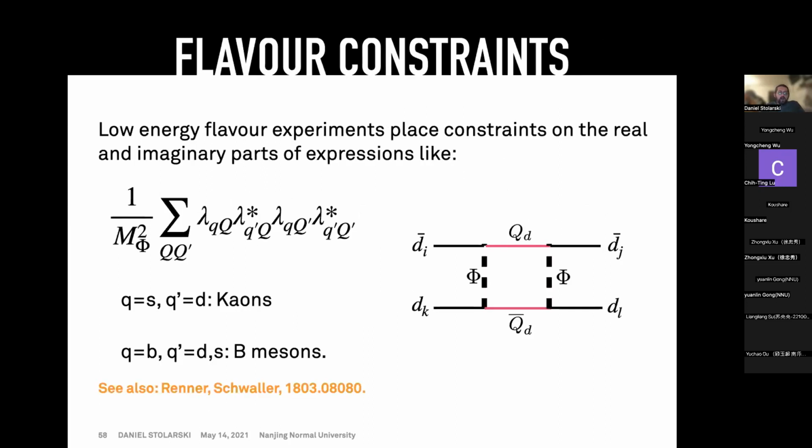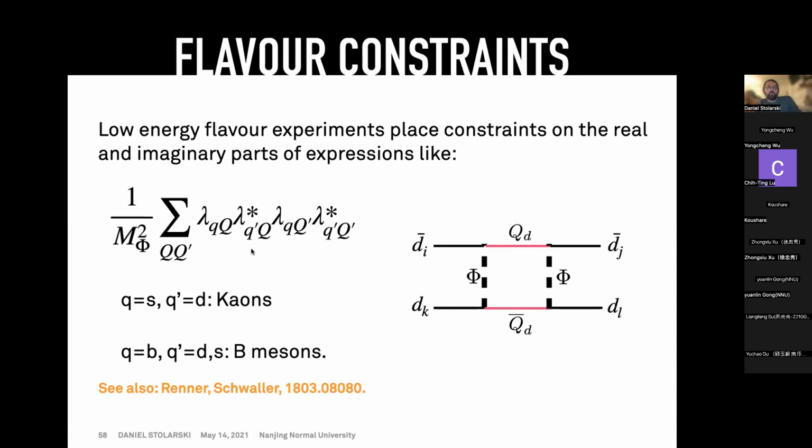All right, but what does constrain this model is the delta F equals 2 flavor violating processes. And so this box diagram, you can calculate it. What it looks like is something like this. So you get 1 over the mediator mass squared, and then you get 4 couplings like this.